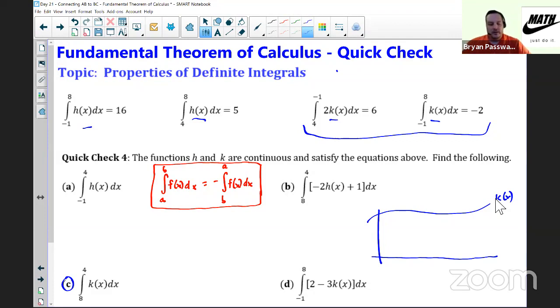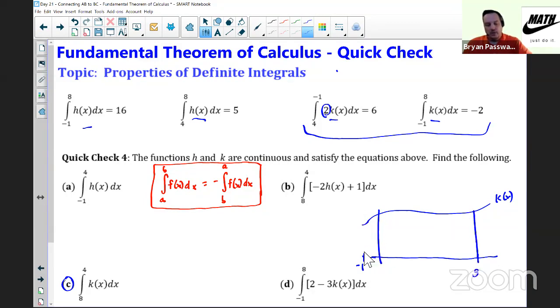So if we're going to look at k, I want to see if I can use some properties to figure out some stuff, right? So I have this first integral from 4 to -1 of 2 times k equals 6. And I have this other integral from -1 to 8 equals -2. So let's just pretend, for example, this is going to be -1, and then this is going to be 8.